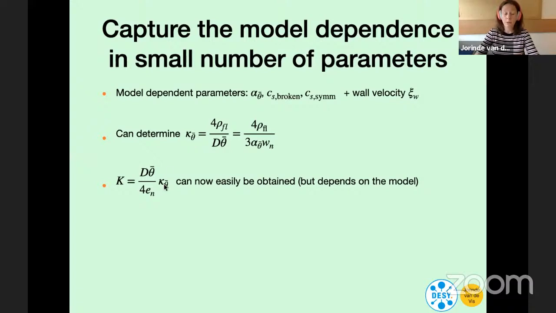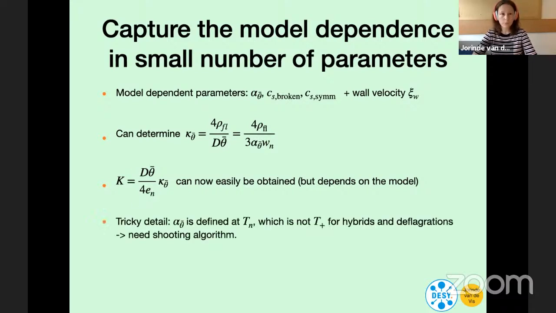But then you have to multiply it by a factor which does depend on your model. There's a tricky detail. To make this user friendly, you have to define this α_θ̄ in terms of the temperature at nucleation. But this is not T+, which is the temperature that enters in your matching. So in order to relate this Tn and your matching for hybrids and deflagration, you have to do a shooting algorithm.